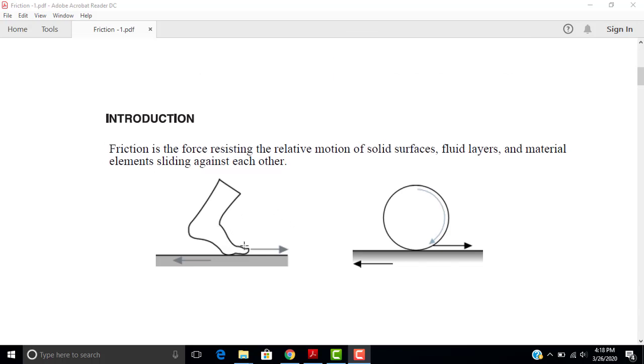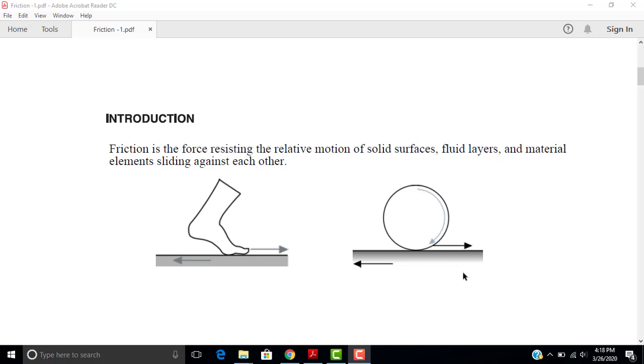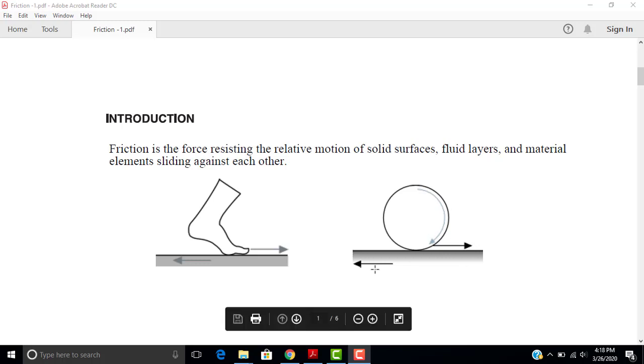If you observe in this figure, in the first figure, a body is tending to move towards the right. With respect to that, a frictional force is developed at the surface towards the left direction. Similarly, in the second figure, the body tends to roll towards the right side and a frictional force is being developed towards the left direction.